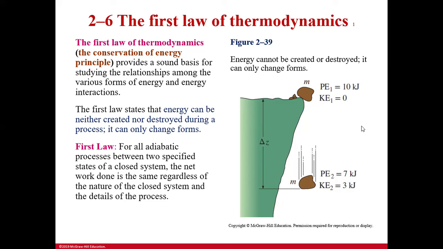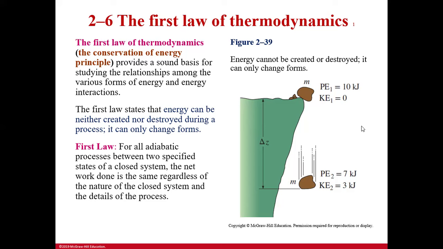The net work done is the same regardless of the nature of the closed system and the details of the process. So bottom line, energy cannot be created or destroyed. It can only change forms. The potential energy of the rock at the top of the hill is 10 kilojoules.